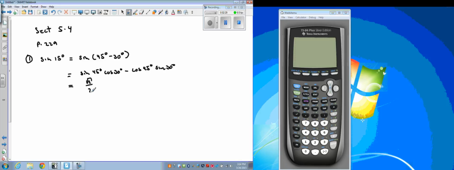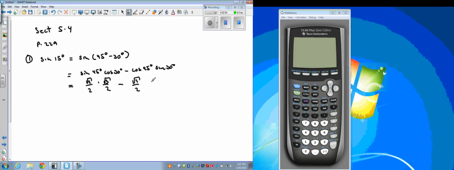Okay, do you see what we're doing, Brad? Yeah, sine A minus B. So this is A minus B, so sine, cosine, sine. Then the cosine of 30 is what? Square root of 3 over 2. Cosine of 45 is square root of 2 over 2.